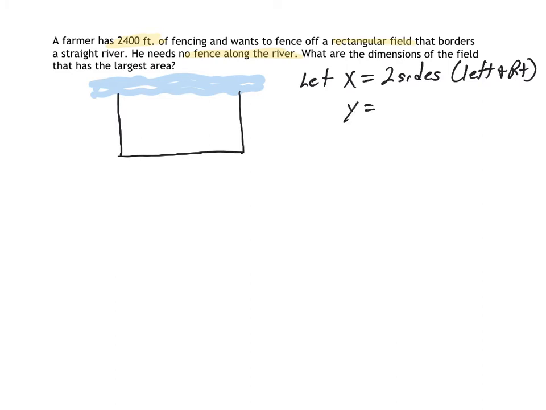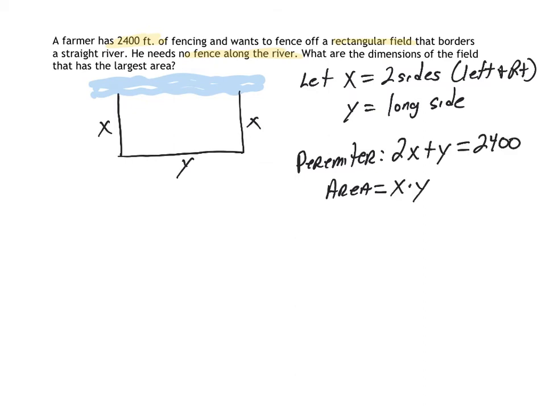Let's let y equal the long side. Now what I'd like you to do is pause this and see if you can write an equation for the perimeter using x and y, and then an equation for the area. Now the area is going to equal something in terms of x and y. Go ahead and pause it and see if you can write those.